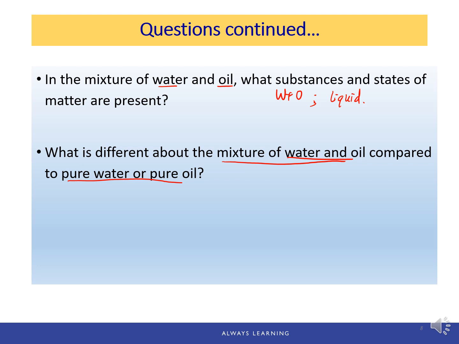Well, first of all, the mixture of water and oil looks different because there is a distinct boundary between the water and oil in that mixture. So we can say there are actually two portions of liquid. They don't mix together. So it's a liquid but has two portions, or we can say this system, or the liquid, is heterogeneous.